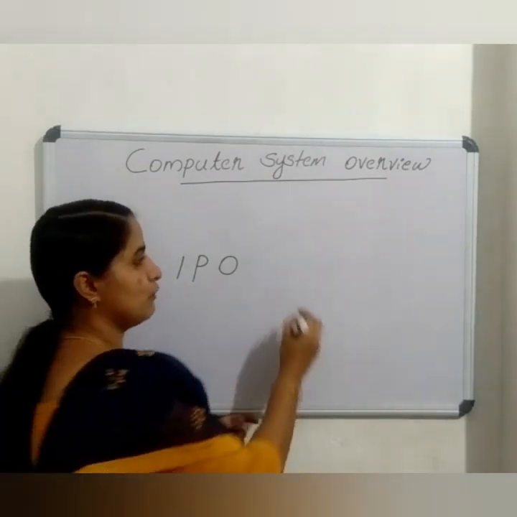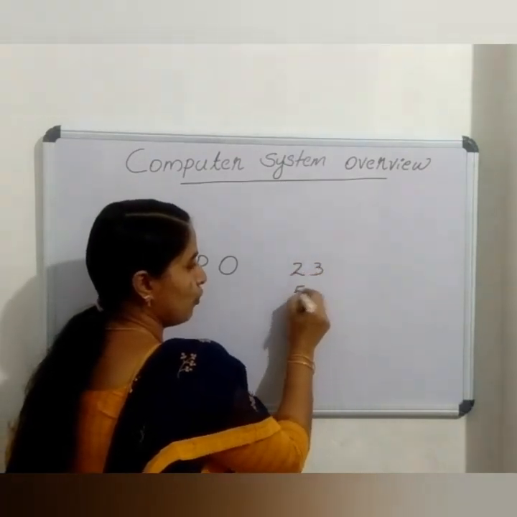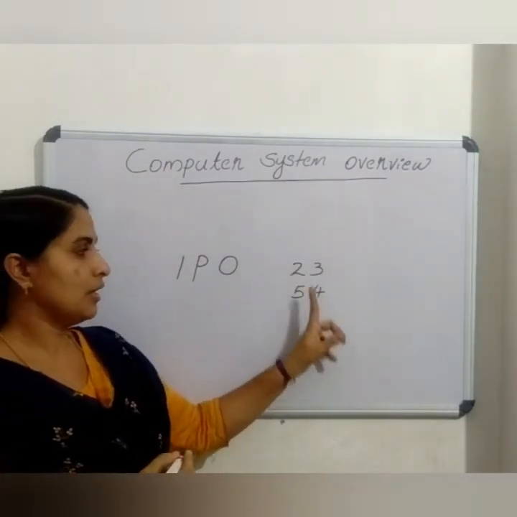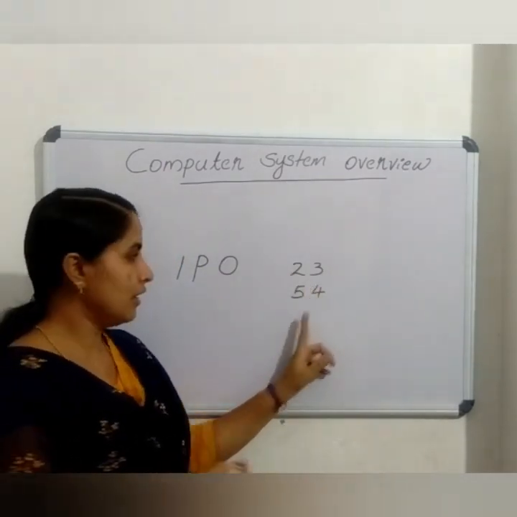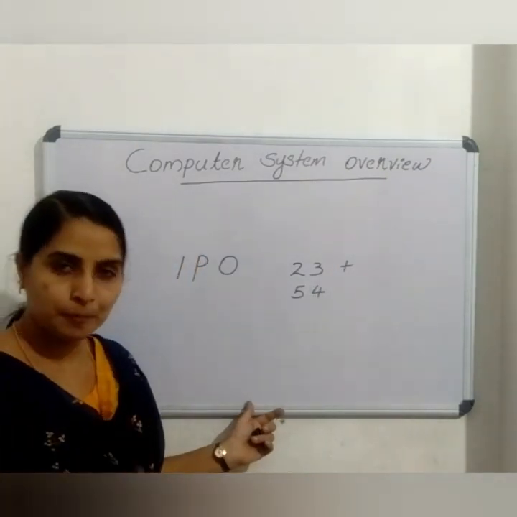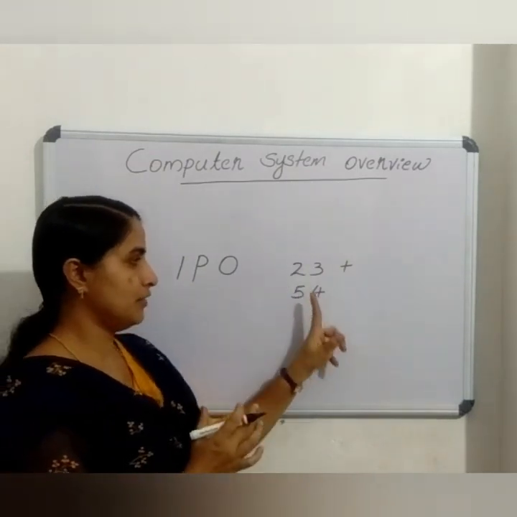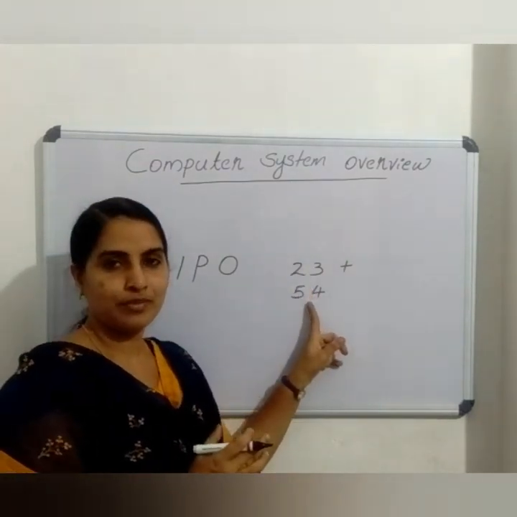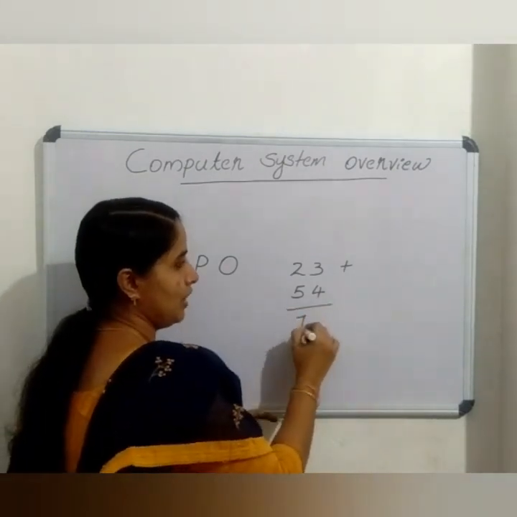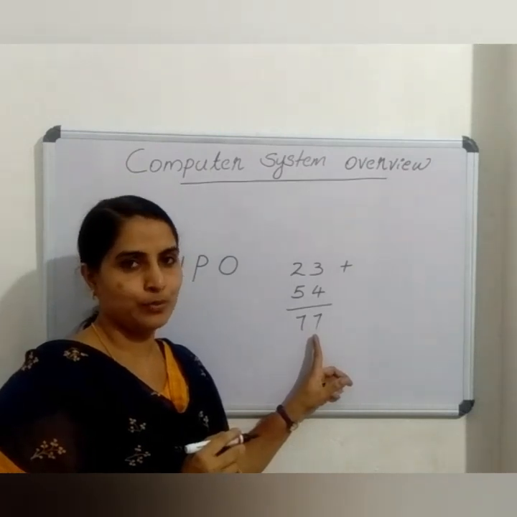For example, if you want to add two numbers 23 and 54, what are the inputs? 23, 54, then the operator plus. What is the process? It will add 23 with 54. And what is the output? The result, that is 77. So this is the output.